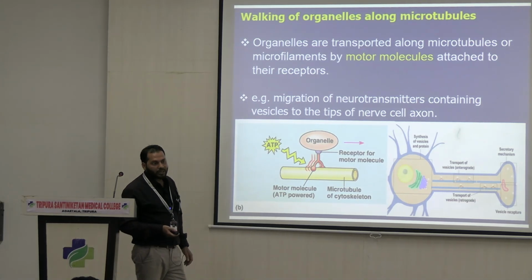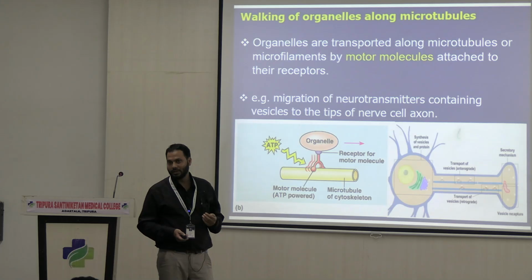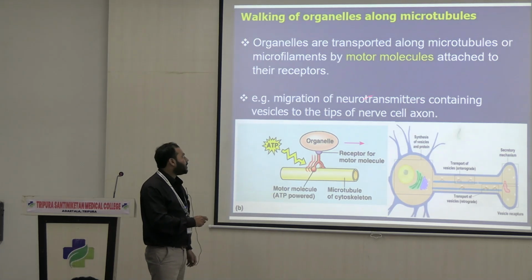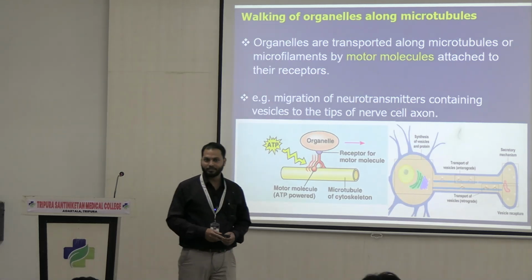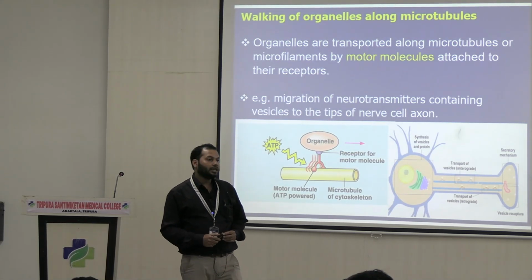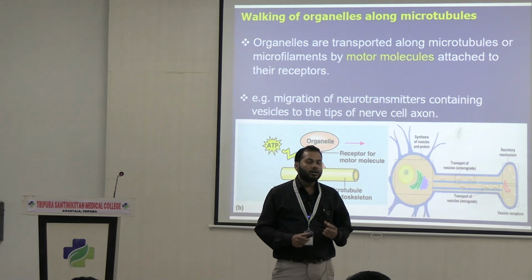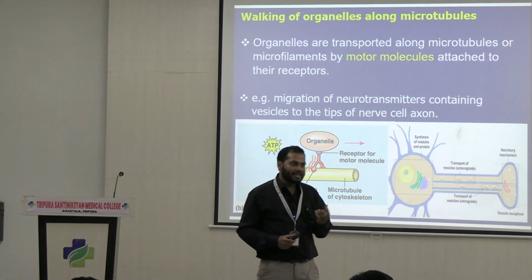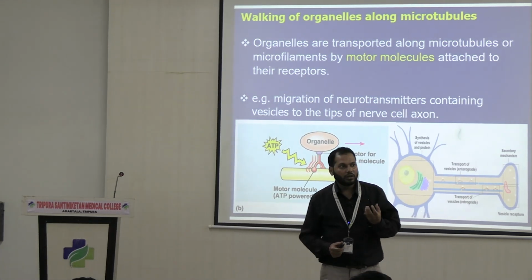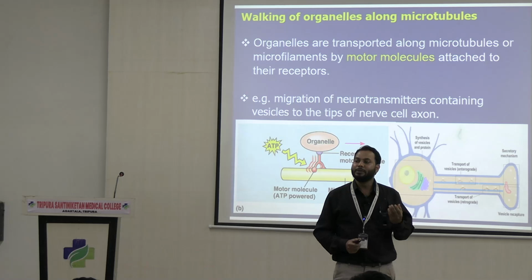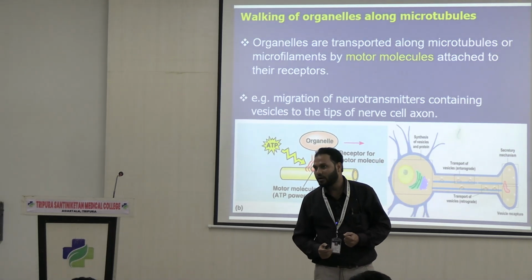You can see here a common example of how the organelles work: migration of neurotransmitter-containing vesicles to the tips of nerve cell axons. If you see the structure of the neuron, the neurotransmitter molecules are basically present in the synaptic vesicles, and those neurotransmitters are transported from the cell body towards the axon terminal.